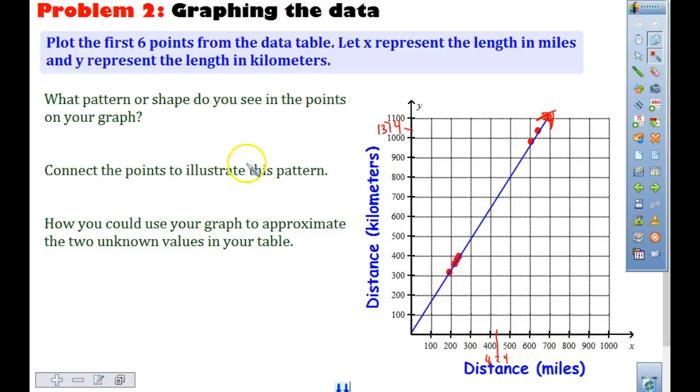And it says, it's kind of dependent on how you plotted your points, but possibly a straight line. Now, there might be 1 or 2 points that are off just a little, or maybe your estimation was off when you plotted it. So it says connect the points to illustrate this pattern. So take the edge of your workbook, take the edge of that half sheet of paper, and connect this, making a line.